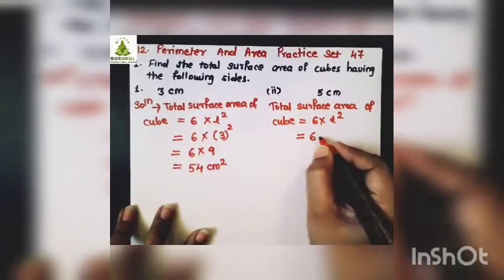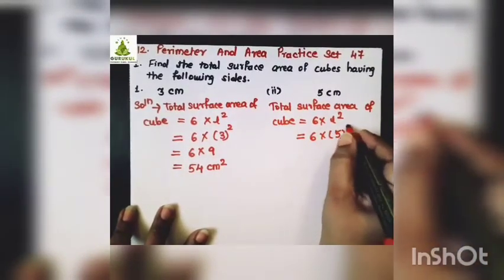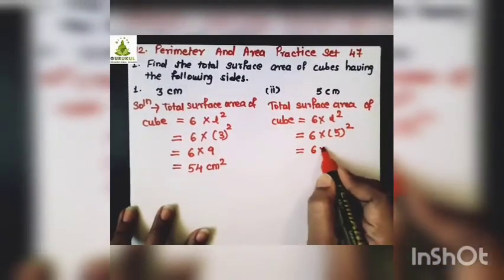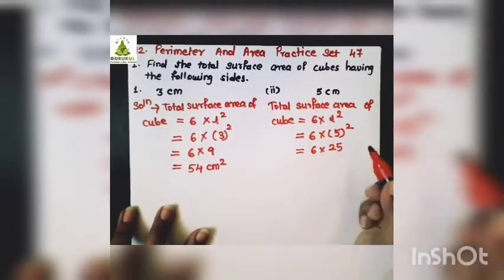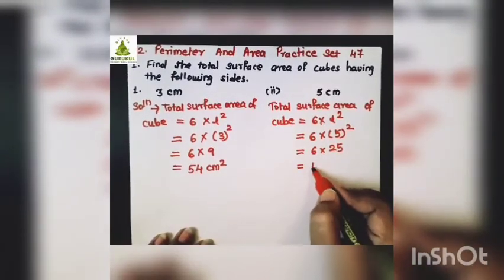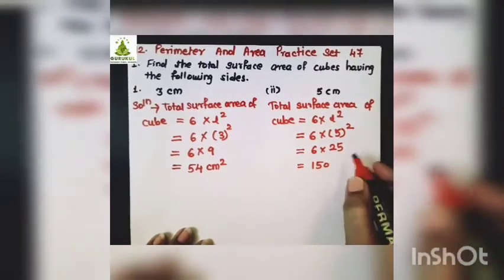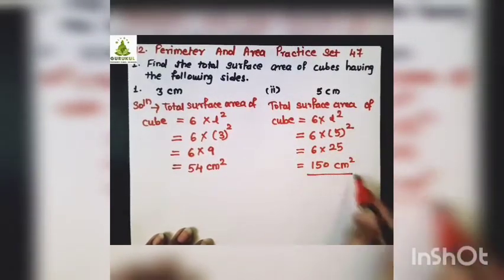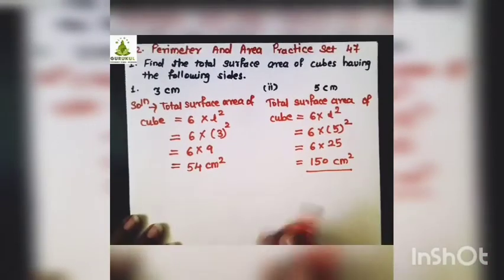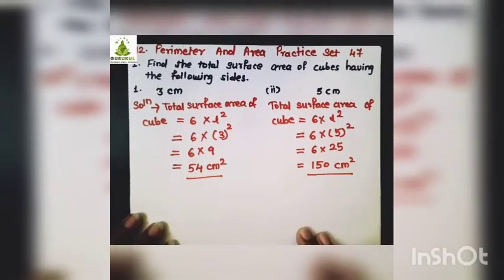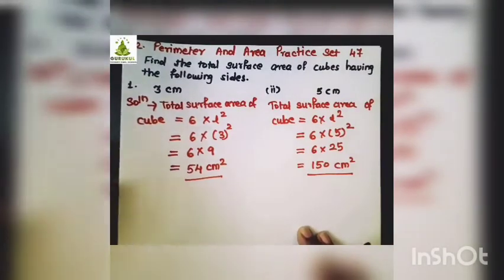Then 6 multiplied by 5 square. 5 square is 25. So 25 sixes are 150. The unit is centimeter, so we'll write 150 centimeter square, and the first one is 54 centimeter square. So this was the first and second sum.